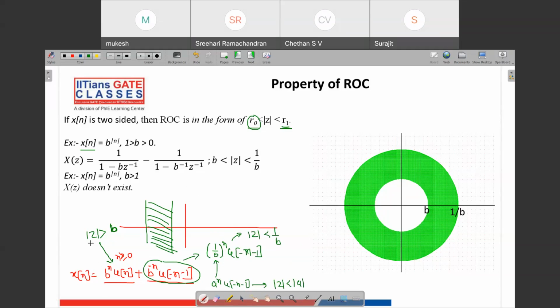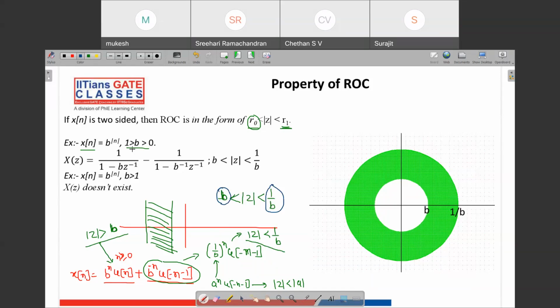So the first one gives mod of z greater than b, and the second one gives mod of z less than 1 by b. So overall, it will be mod of z greater than b and less than 1 by b. And b is less than 1 but greater than 0, so 1 by b will be greater than 1, greater than b.